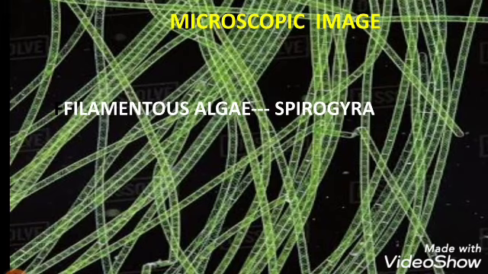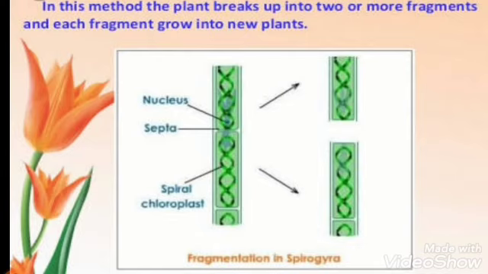Filamentous algae such as Spirogyra reproduce asexually by breaking up into two or more fragments, which grow into new plants. I have a very interesting fact about this algae.